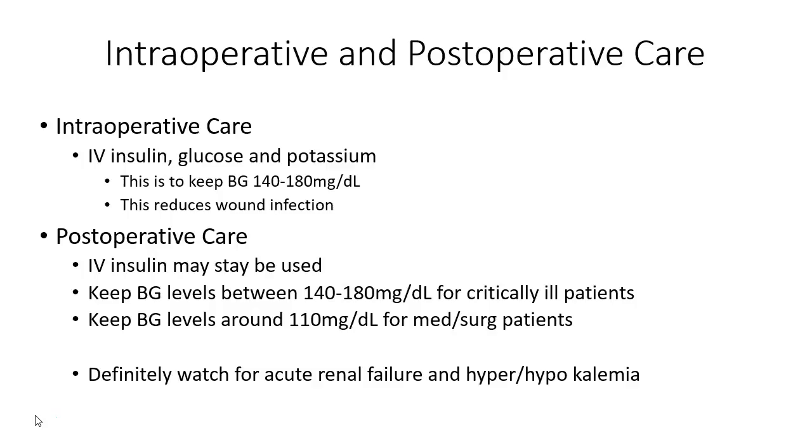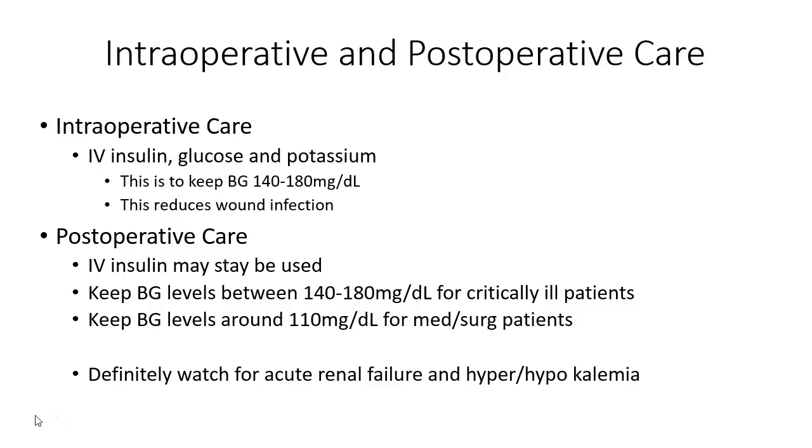So it allows you to titrate and decrease the amount of insulin that's going into them based on an insulin drip. Now, you want to give them glucose if they become hypoglycemic to make sure that they go back up to that 100 or so. You can turn the IV insulin drip down.